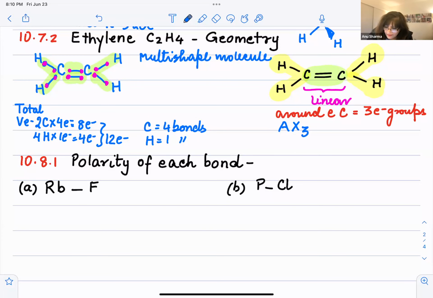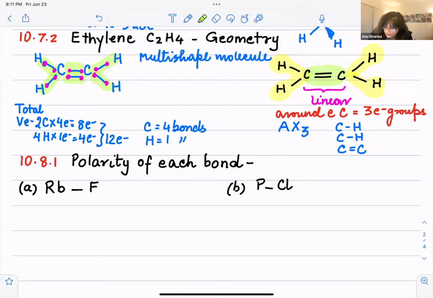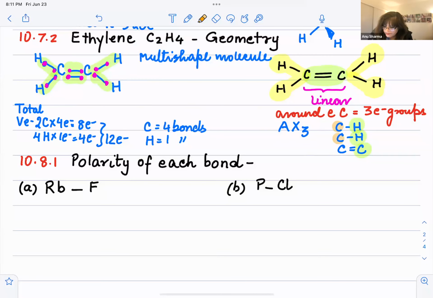Which ones are there? Carbon and hydrogen, then another carbon and hydrogen, and then carbon and carbon. So these are the 3 electron groups or 3 bonded atoms. Each carbon is bonded to 1 hydrogen and another carbon. It's not 3 carbons, but it's the same carbon.